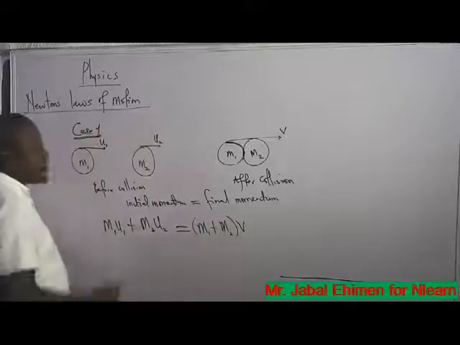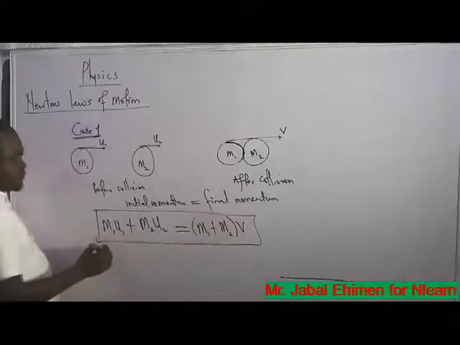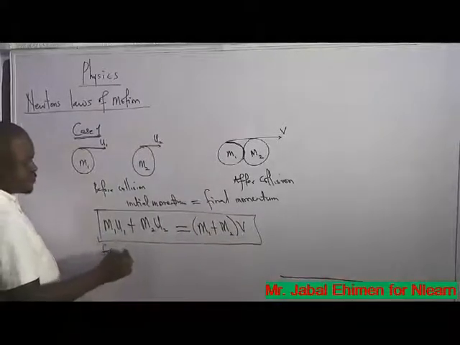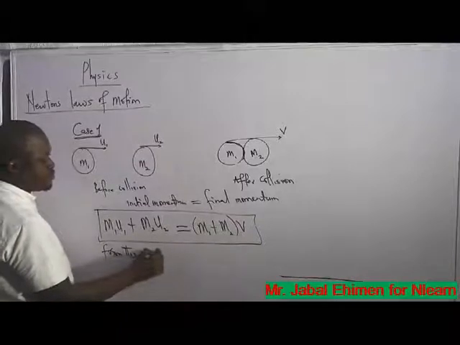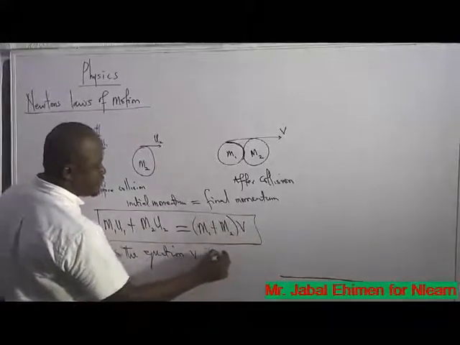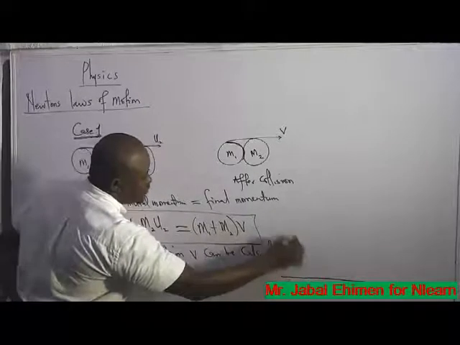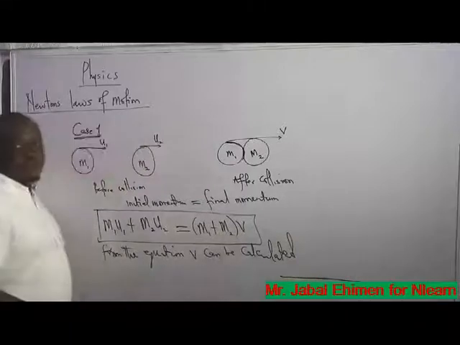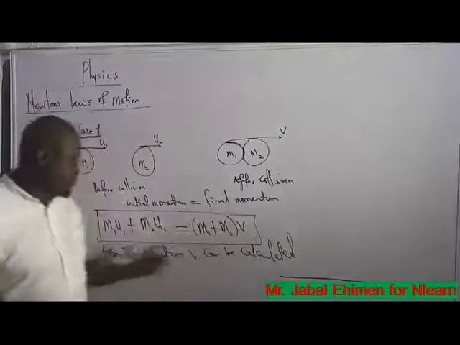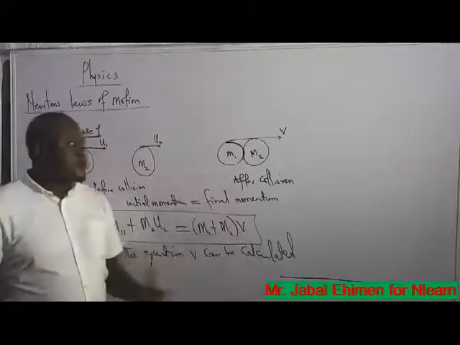Now, from this equation, v can be calculated. When you want to calculate v, you can calculate it from this expression. Sum of initial momentum equals that of final momentum.